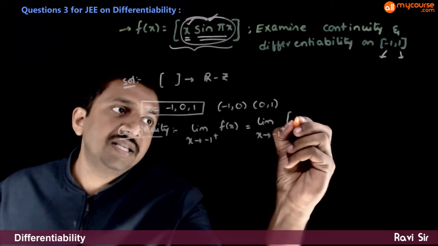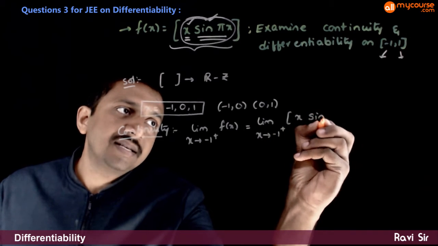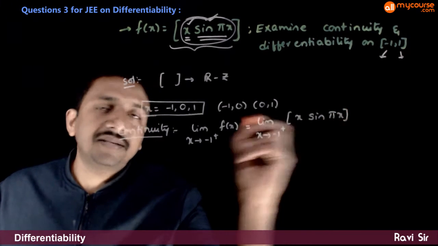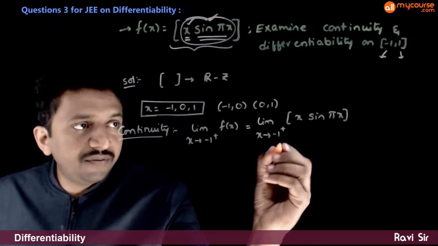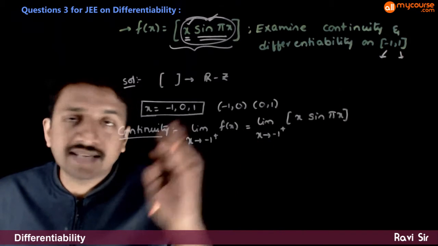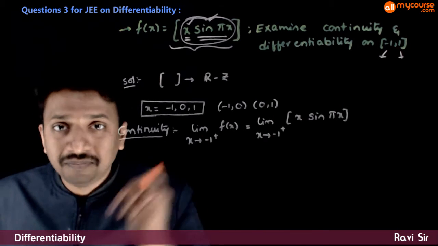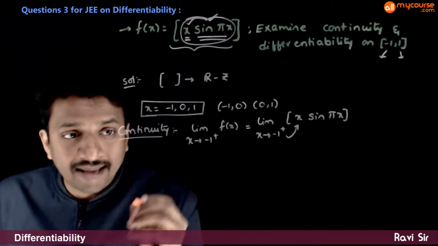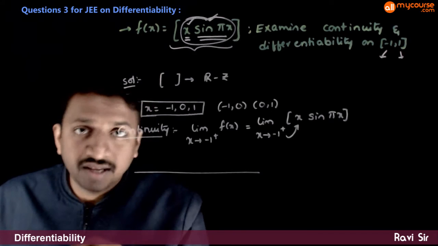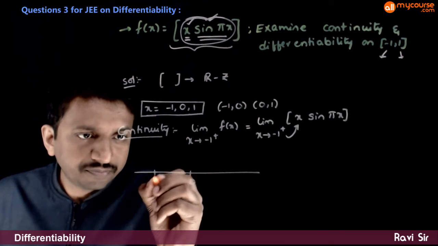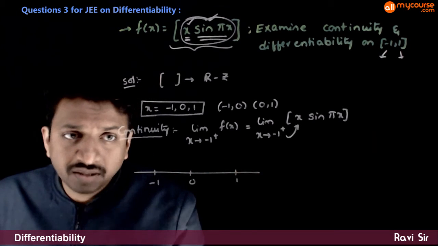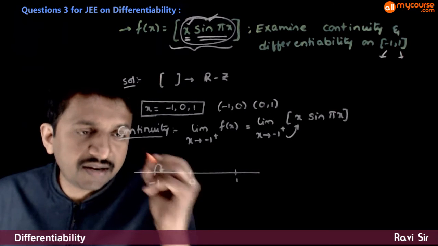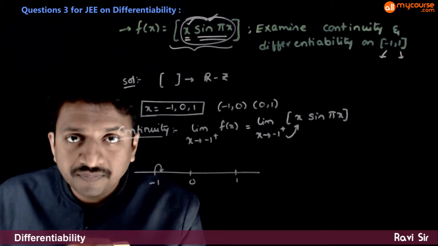Limit x tends to -1 plus of the integer part of x sine pi x. Now look at what happens to x sine pi x as x tends to -1 plus. If you take the real number line, with 0, -1 and 1, x is somewhere in the positive neighborhood of -1.